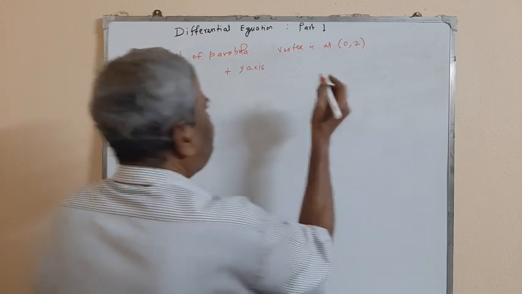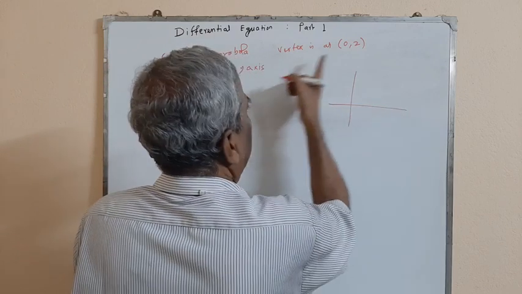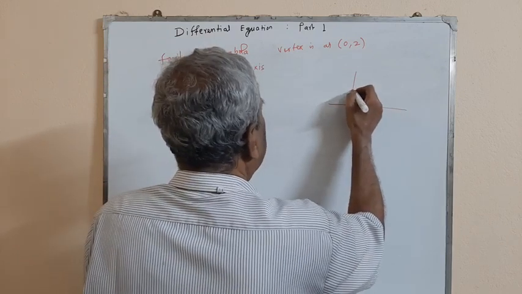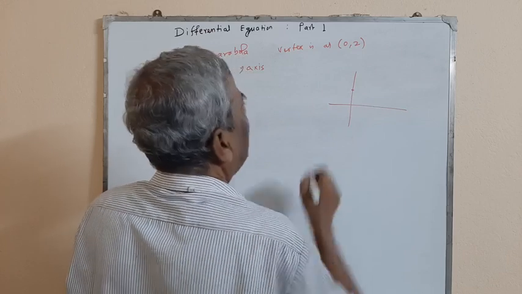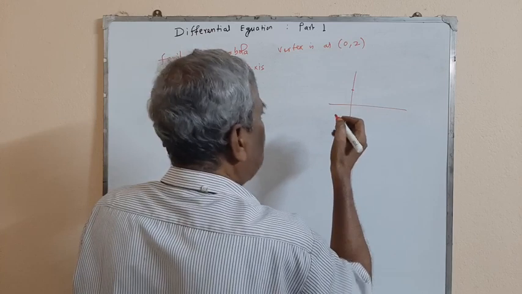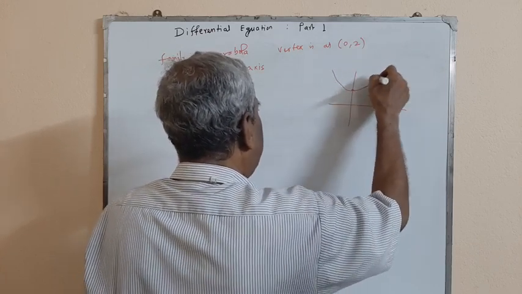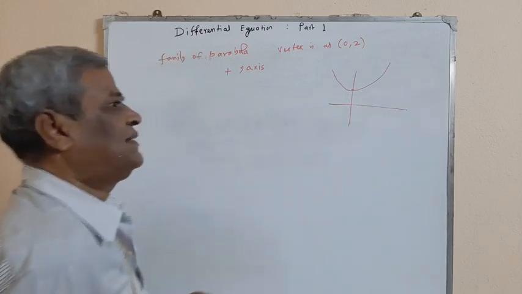So this (0, 2) is the vertex of the parabola, and its axis is the positive y-axis, meaning towards that. So our parabola is that.